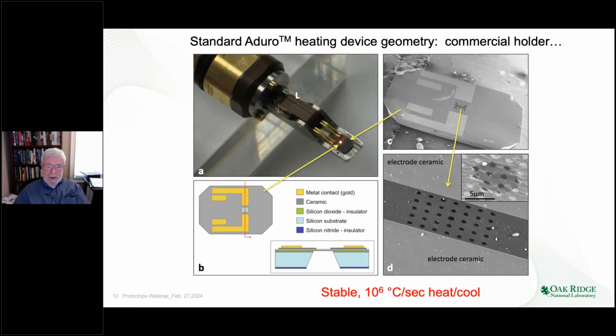Okay, so this is an early commercial version of the heater and shows the silicon chip technology in cross section. This again is an early heater device, and you can see the carbon film with nanoparticles put on it.